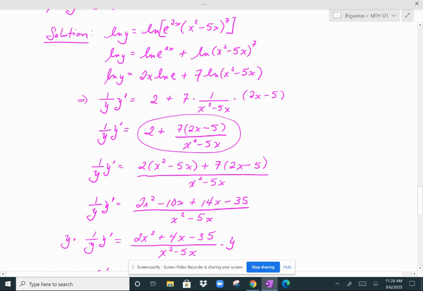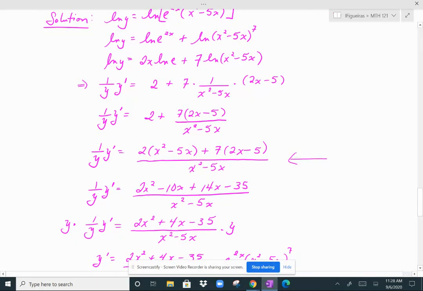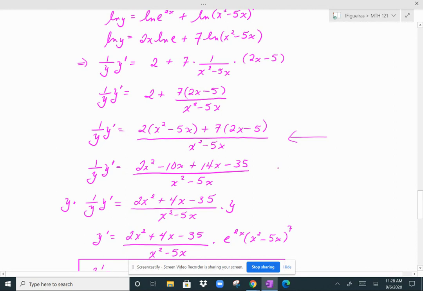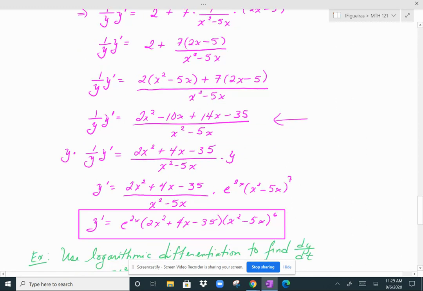So I need a common denominator. So the 2 gets multiplied by x squared minus 5x to have that common denominator. The left side still stays the same. And now here on this line, I distributed the 2 across x squared minus 5x, and I distributed the 7 across 2x minus 5. That leaves me with some like terms. So the right side simplifies down to this.